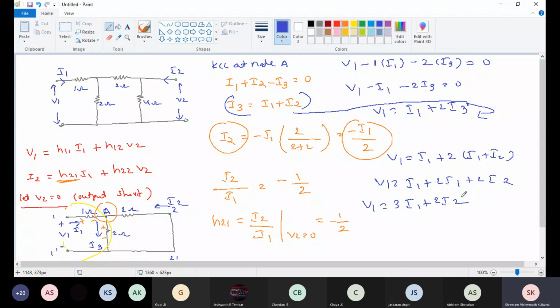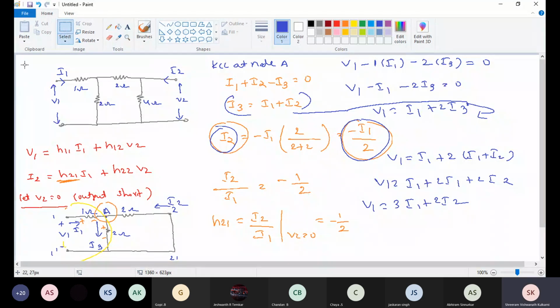Now, but we know this I2 equals minus I1 by 2.